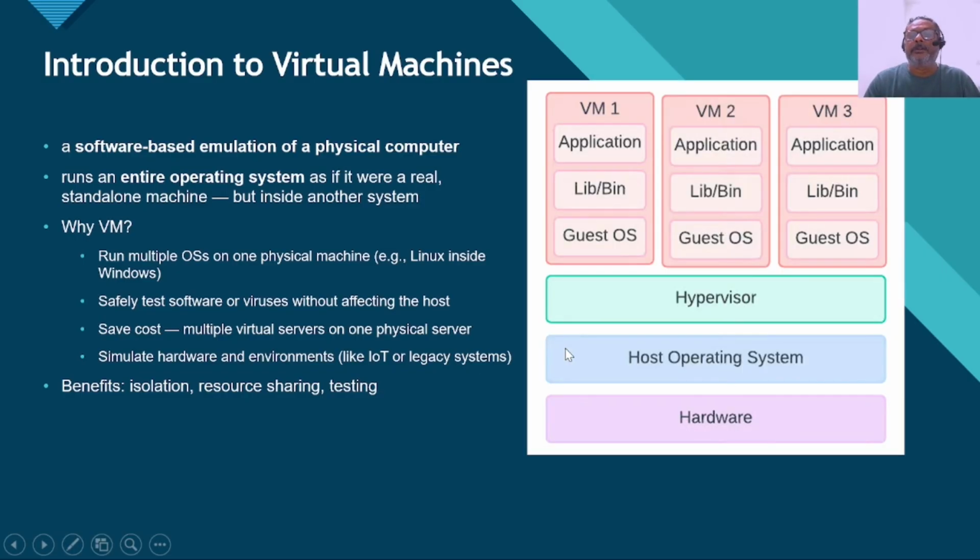So this figure clarifies all the doubts we still have in our mind. We have the hardware at the bottom, then we have one operating system which is driving the hardware, and on the operating system we have a hypervisor on which we have various virtual machines. Each virtual machine may have its own operating system.